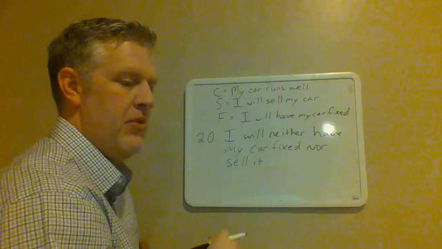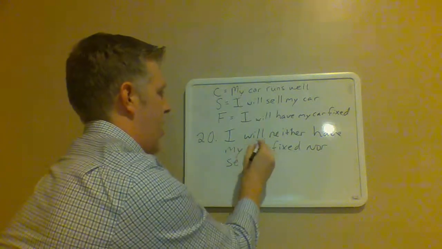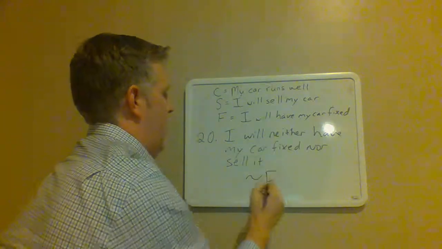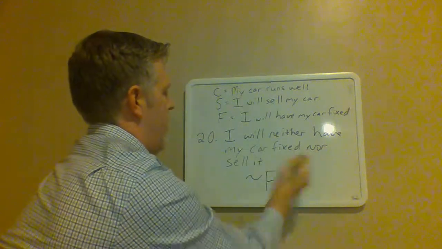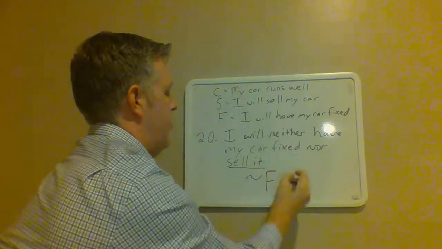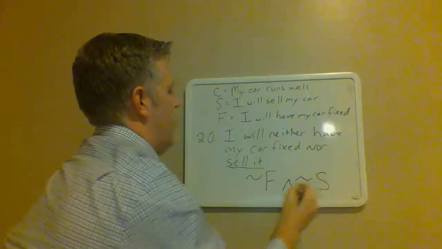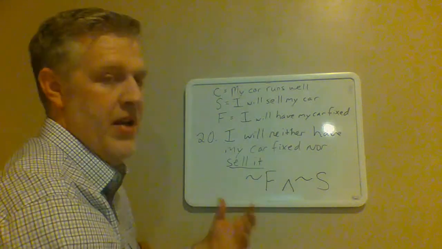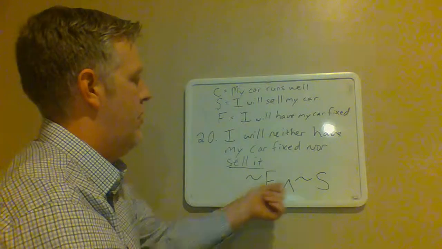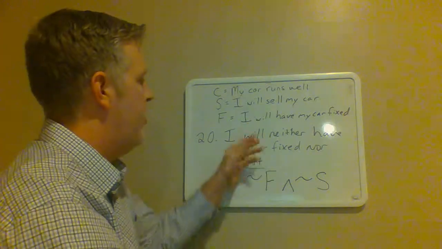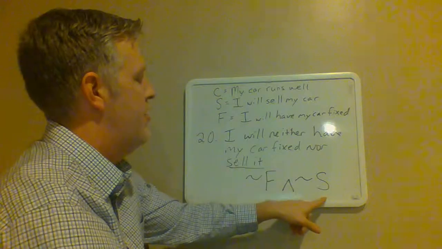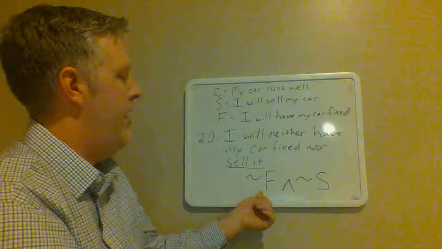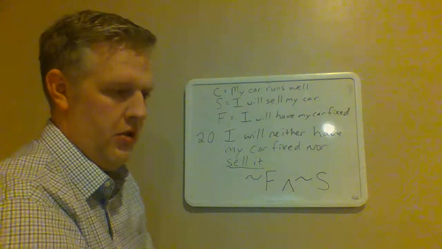It's saying two things are going to be the case. First, I won't have my car fixed, and I'm not going to sell it, right? Neither one of those two things is going to happen. So it's actually a conjunction. It's positing that two different things are going to be the case. Namely, I'm not going to fix it, and I'm not going to sell it, right? I will neither have my car fixed nor sell it. So that would be translated into a conjunction with this is the left conjunct, and that is the right conjunct.